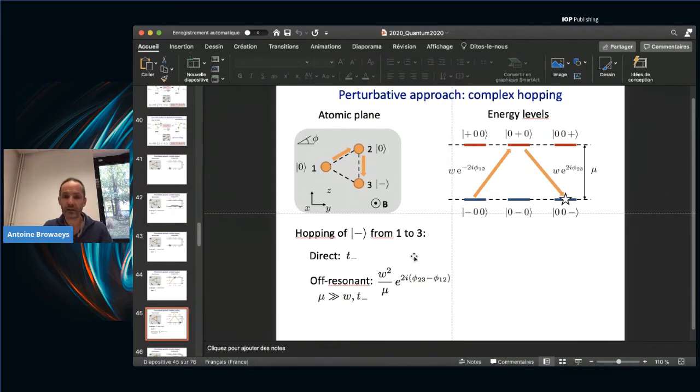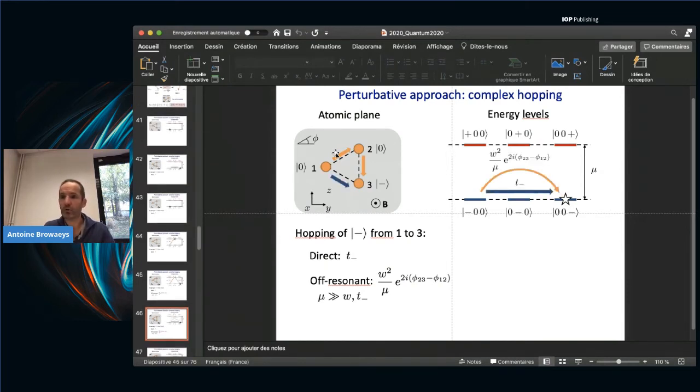But now, if I calculate the amplitude of this move, it's the product of the matrix elements divided by the energy mismatch in perturbation theory, assuming that mu is larger than W and T minus. And what is very important is that you see here the phase difference, which is no longer arbitrary, it's just the phase imposed by the geometry of the triangle.